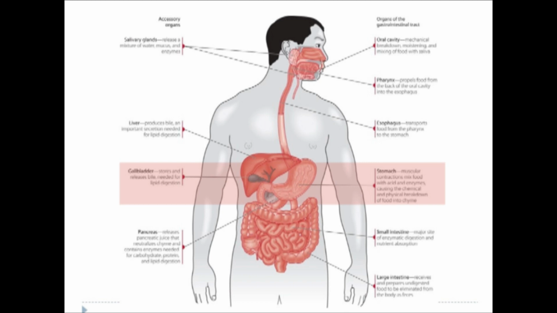When we're looking at the gallbladder, its role is to store bile and to secrete it into the gastrointestinal tract, which then goes through the process of emulsifying the fats that have been consumed. The key concept I want to highlight here is emulsification.